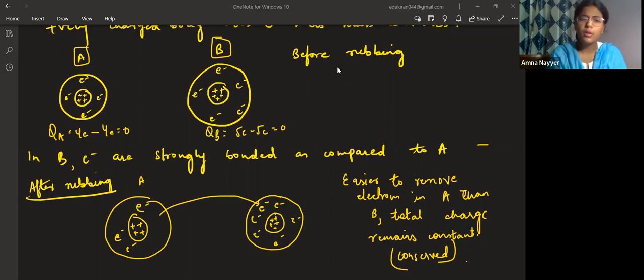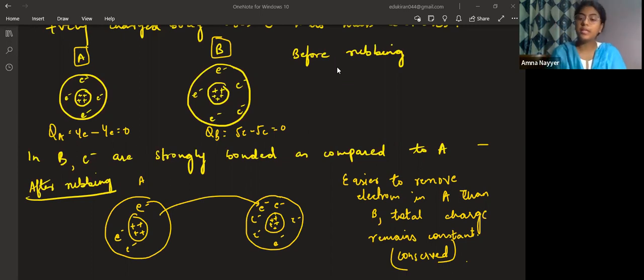Definitely A, because there the force is a little weaker. In B the force is stronger. If such conditions are given, where electrons are tightly held, this distinguishes the question from your other concepts of charging by conduction and charging by induction. Wherever transfer of electrons occurs, it's easier to remove electrons from body A and body B will gain electrons. So from neutral, A will become positive. From neutral, B will become negative.